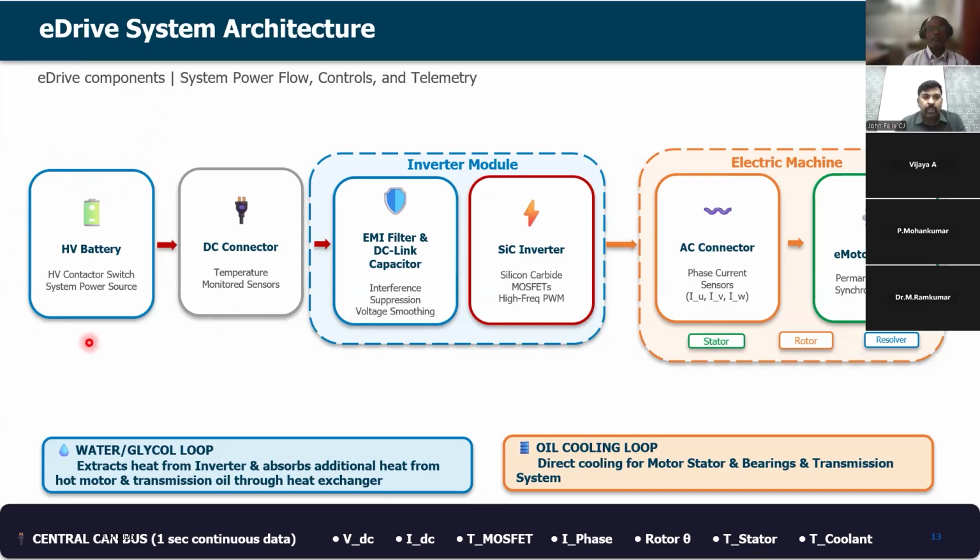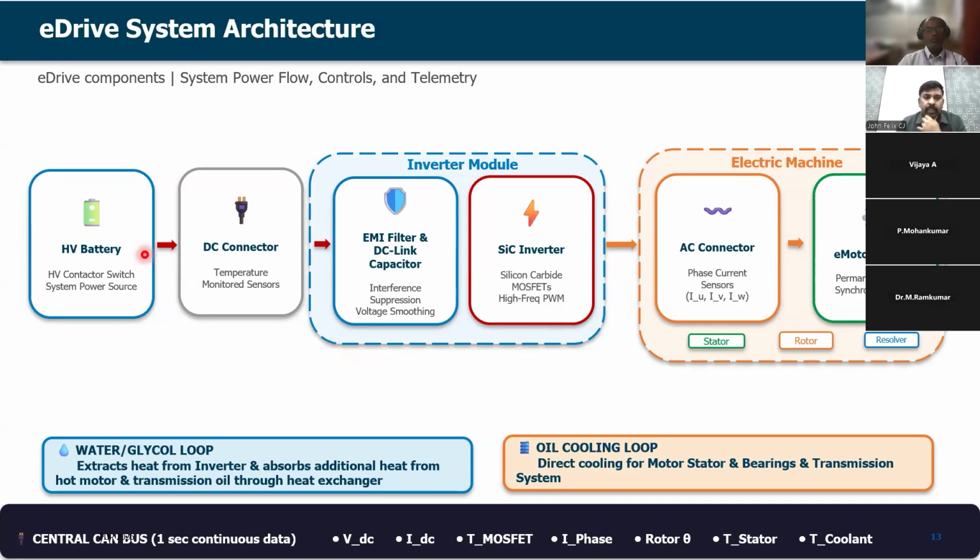You have a high voltage battery, and a DC connector that interfaces with our electric drive system. You also have an internal DC link capacitor, which does input voltage smoothing, as well as the inverter, whose main function is converting our DC voltage into a high frequency PWM interface that drives your e-motor.